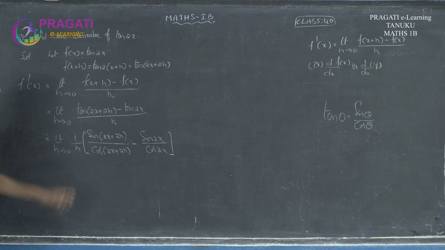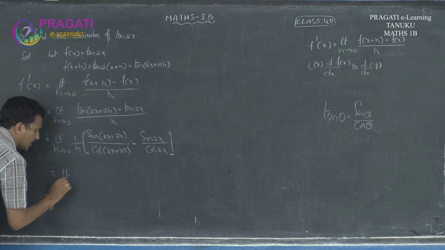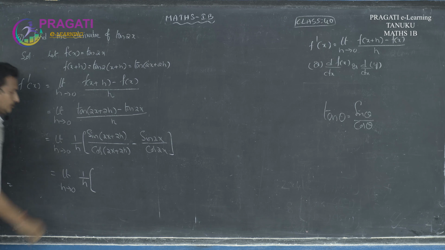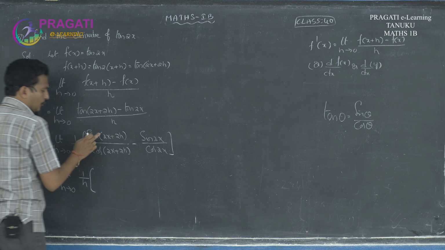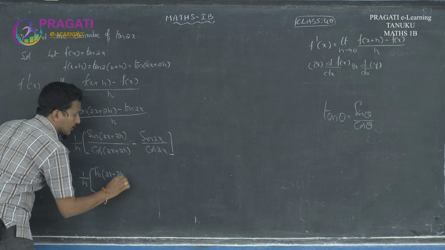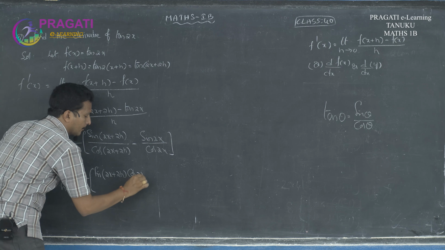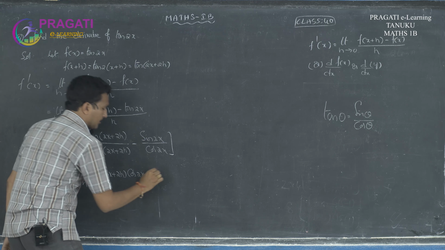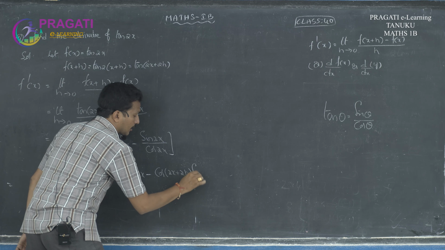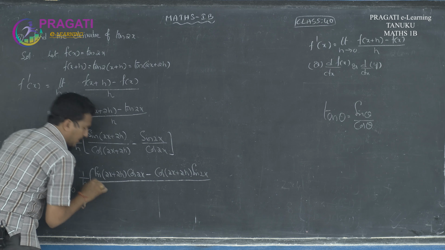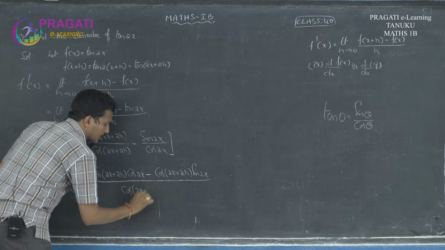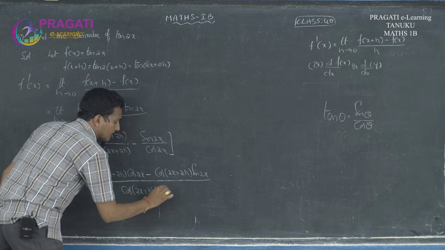Okay students, here to find the LCM: first write these two terms, sin of 2x plus 2h into cos 2x, minus multiply with these two terms, cos of 2x plus 2h into sin 2x, by the denominator, multiplying these two terms, cos of 2x plus 2h into cos 2x.